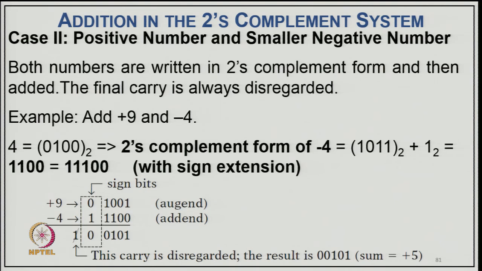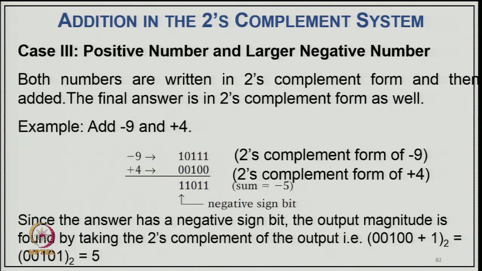Now, when we add them together, we get a carry over, and finally a carry goes out. This you can discard because the sign bit is 0. So, this is discarded and the result is 0 0 1 0 1, which is plus 5. That is the way it goes, very simple mathematical operations, and even subtraction is converted to addition.